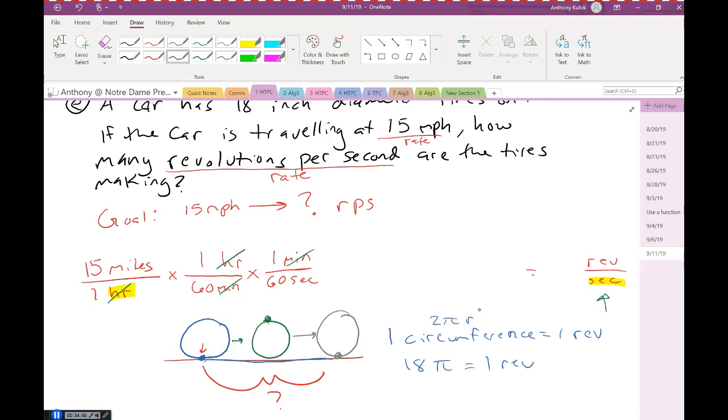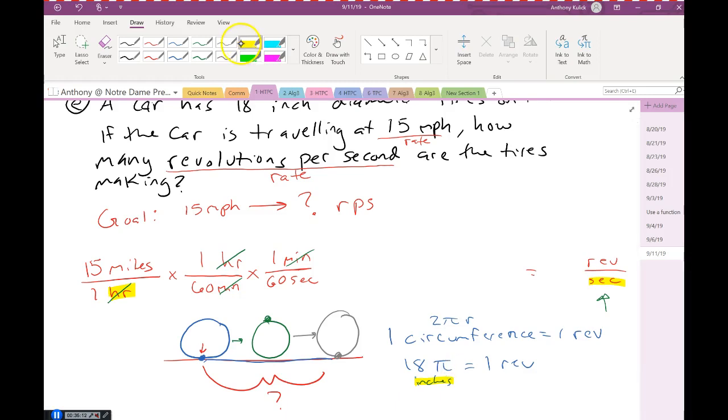Since our diameter is 18 inches, our radius is 9 inches. So 2 times 9 times pi is 18 pi. Notice that the unit here is inches.